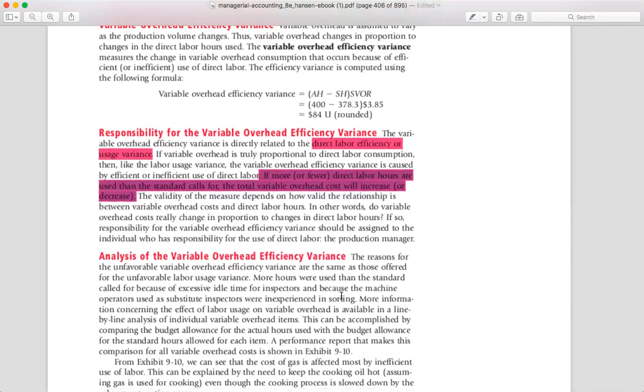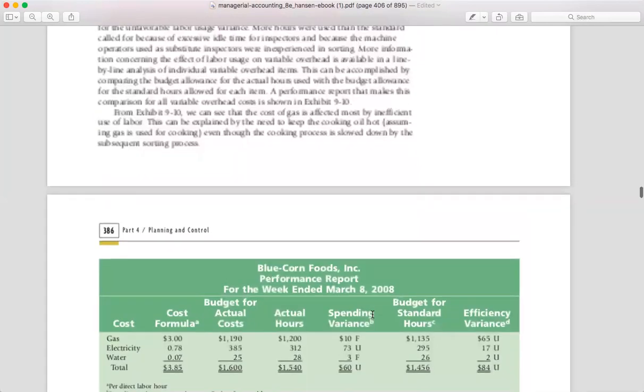We use more hours than the standard calls for, because probably there is idle time of the inspectors, or machine operators substitute for inspectors who have no experience in that. Get the idea? That's probably one of the reasons.